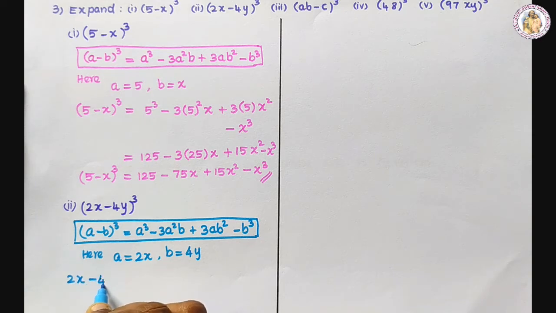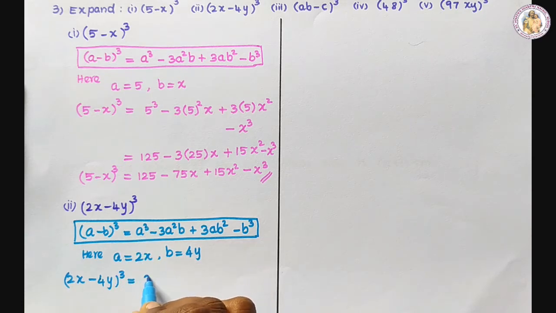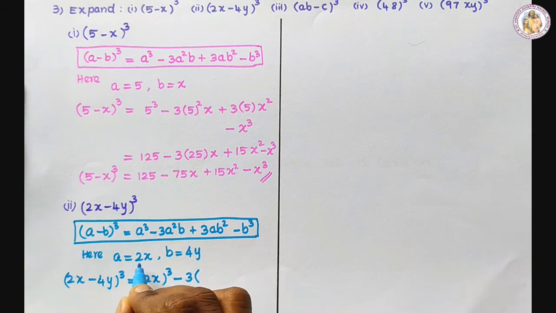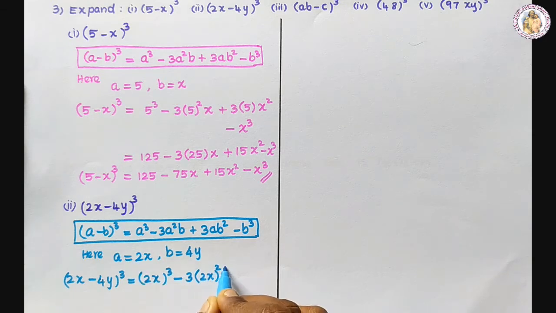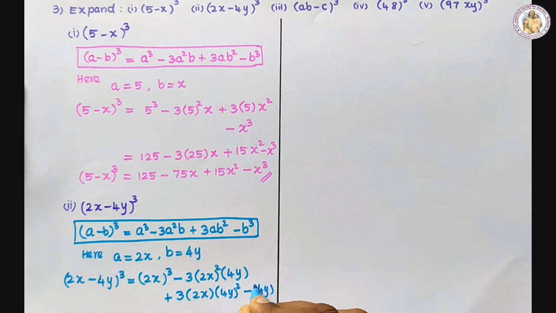2x minus 4y whole cube equal to a cube, that is 2x whole cube, minus 3 into a square, that is 2x squared, into b, 4y, plus 3 into a, 2x, and b squared, 4y squared, minus b cube, that is 4y whole cube.